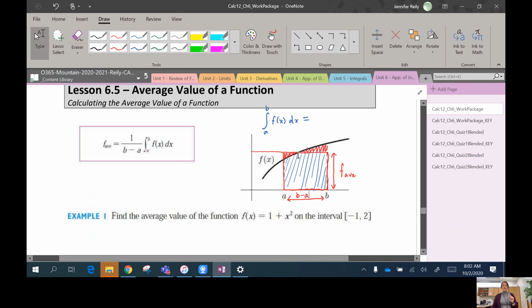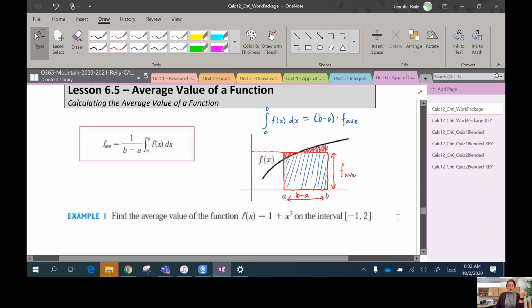That's going to be identical to the area under the curve because these two pieces are going to match exactly these pieces that are above and below. So the area of a rectangle is length times width, would be b minus a times f av. And if you just move the b minus a to the other side, we have our formula for the average value. So that's how they developed this formula.